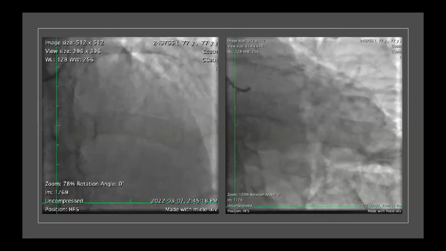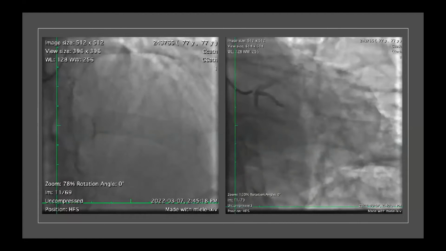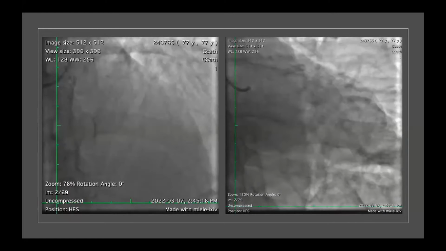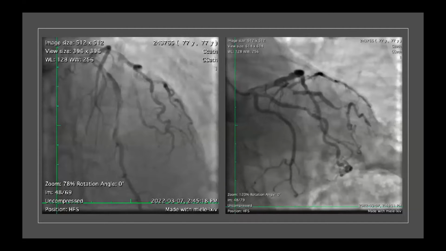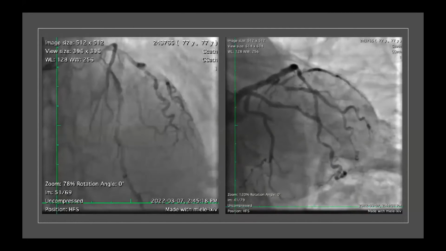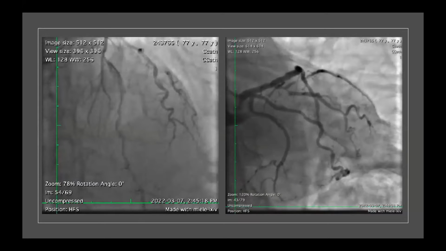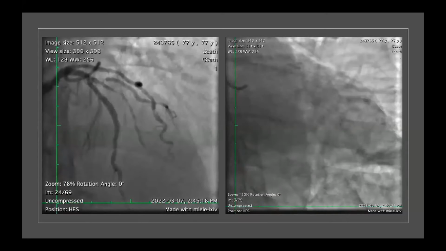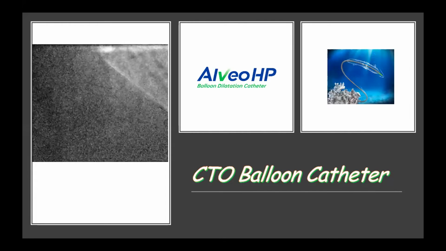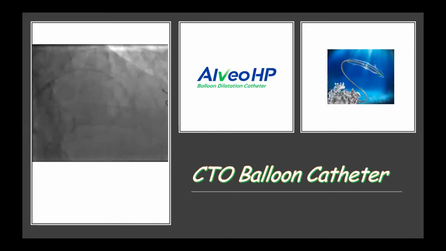This is a 75-year-old male who presented with a non-STEMI. He had previously been treated with a stent on the LAD. We can see that he has a diagonal with two big branches. We did the PCI, and after implanting a stent in the first branch of the diagonal, we couldn't cross with a non-compliant and a compliant balloon of different marks and calibers.